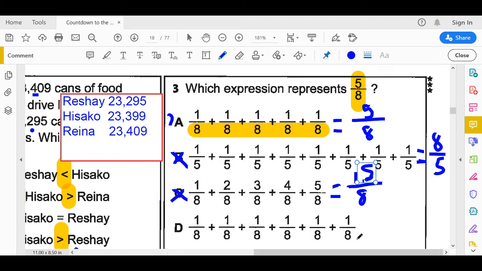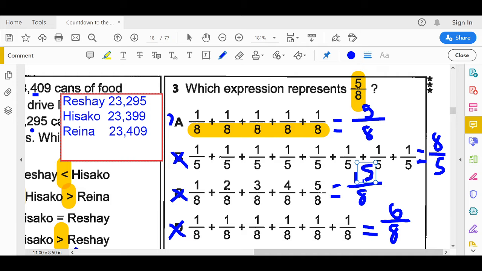And let's finish with this one, letter D. D has the same number at the bottom, so I'm just going to copy the number. And then let's count 1, 2, 3, 4, 5, and 6. I added those numbers. That's a 6/8. Well, the number is close, but it's not the one we need. So we have found the answer.